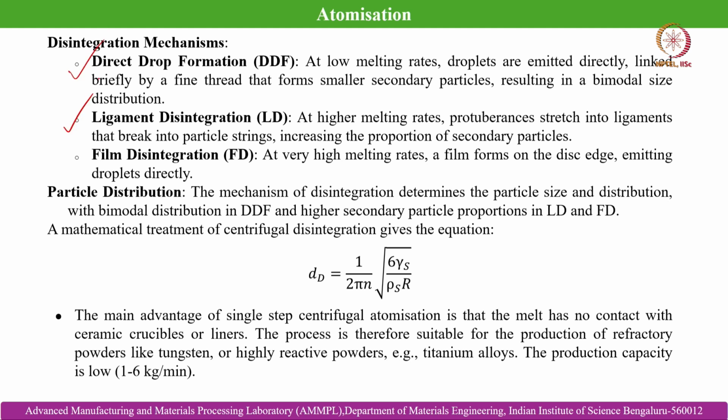At higher melting rates, protuberances stretch into ligaments that break into particle strings, increasing the proportion of secondary particles. Number 3 is film disintegration. At very high melting rates, a film forms on the disc edge emitting droplets directly. So, these are the 3 different mechanisms that we observe.